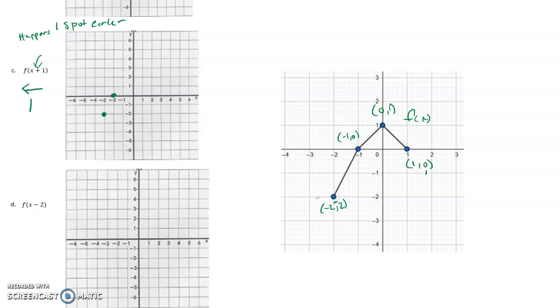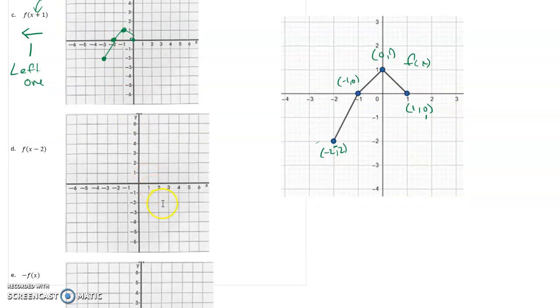This point (0, 1), I move it to the left one, it's going to be (-1, 1). This point down here is at (1, 0). When I move it to the left one, it's going to be over here at (0, 0). So a plus on the inside moves it to the left one.